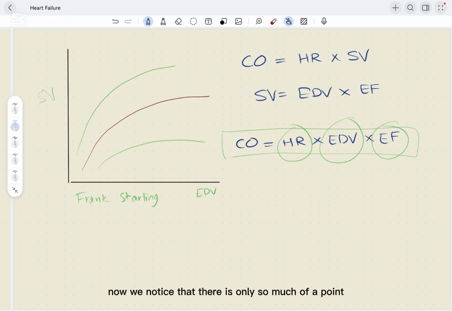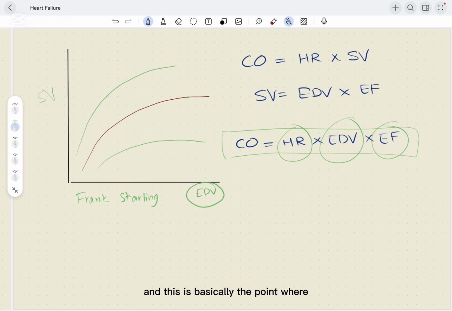Now, we notice that there is only so much that if you increase the end diastolic volume, will your stroke volume increase? There will come a point, a plateaued point almost, where no matter how much you increase the end diastolic volume, the stroke volume will remain the same, right?